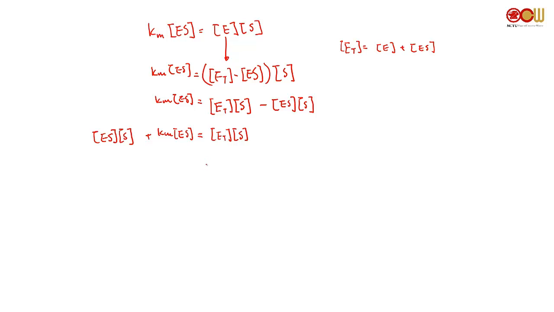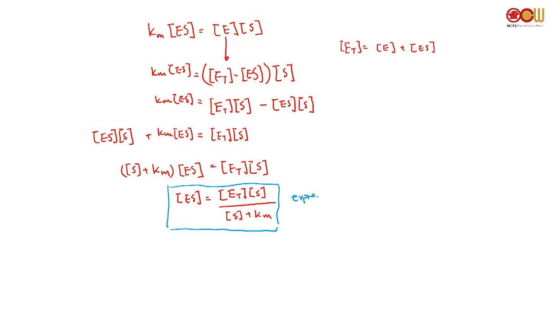Now I understand why I'm doing this. So I have substrate concentration plus Km, ES. Just put them together. And this, of course, is equal to enzyme total times this. Move it to the other side. I have now an expression for ES, the concentration of the ES.